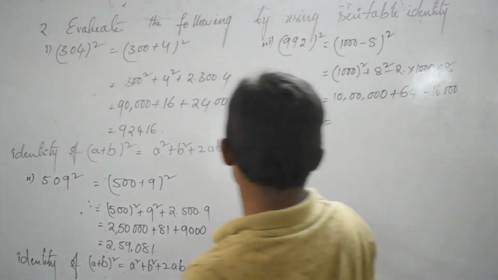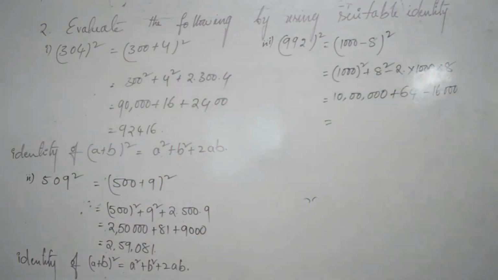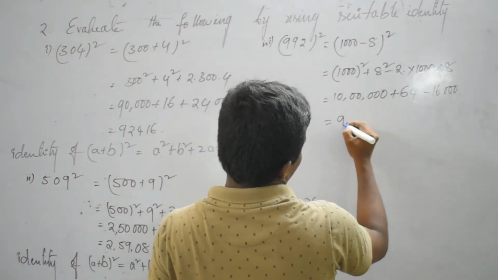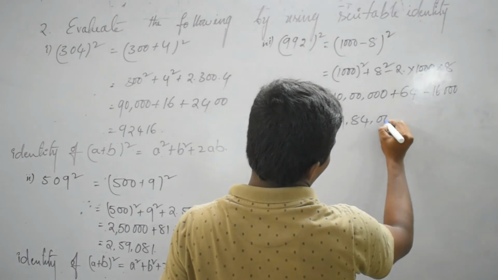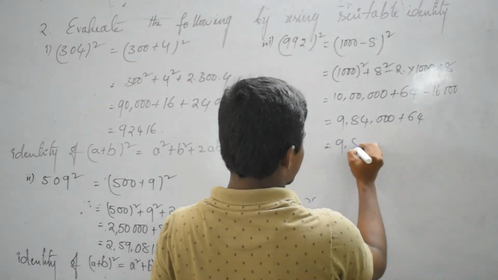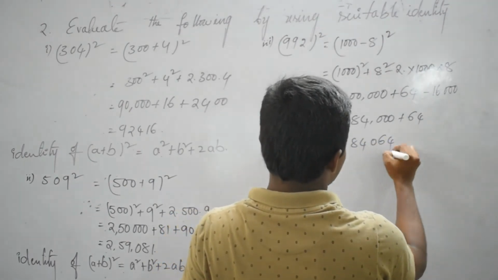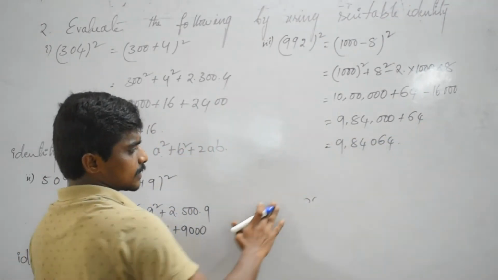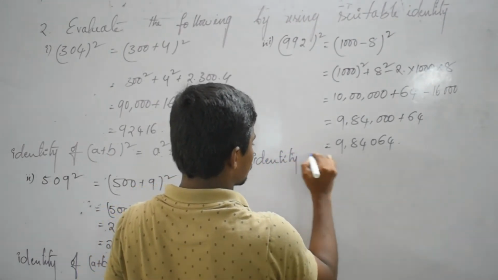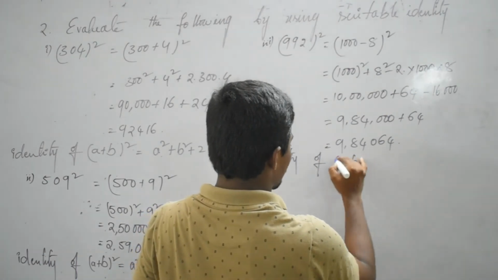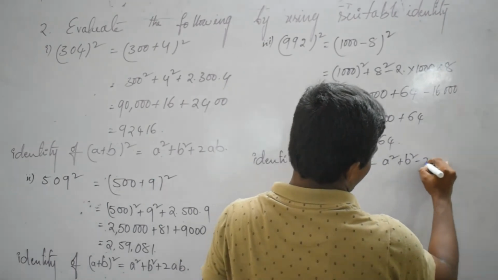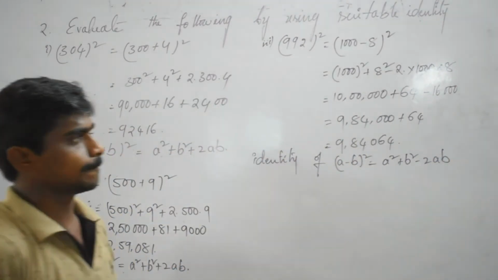Now 10 lakhs minus 16,000: how much? 9 lakhs 84,000, plus 64. 9 lakhs 84,064. So this is the identity of (a − b) whole square: a square plus b square minus 2ab.